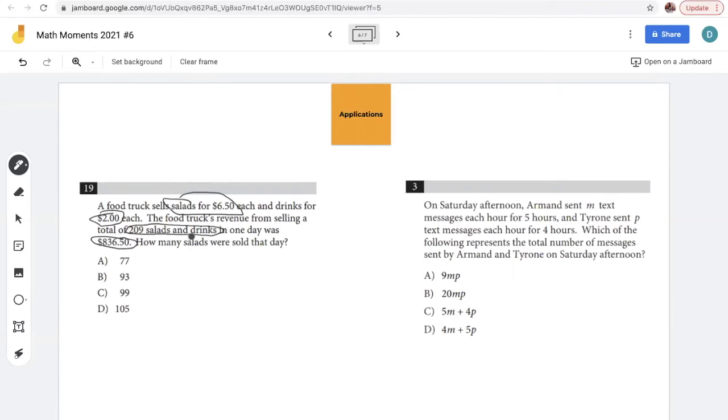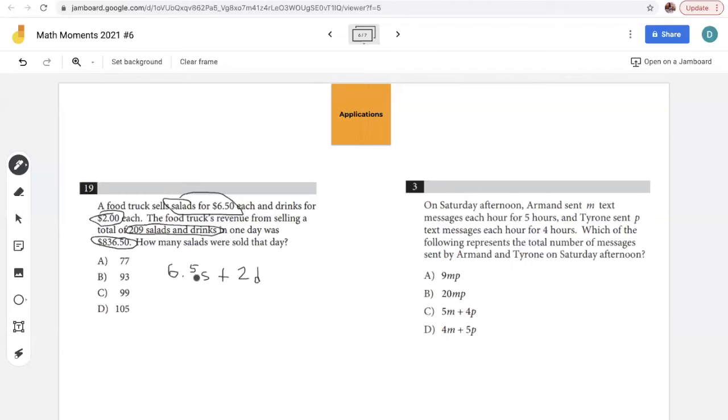And then the money they made was $836.50. Now, a good way to go about this is to pair all of the monetary facts that they give you together. So I'm going to do $6.50 times, let's call it S, that is the number of salads, plus $2 times D, which is going to be the number of drinks. And this makes sense, right?